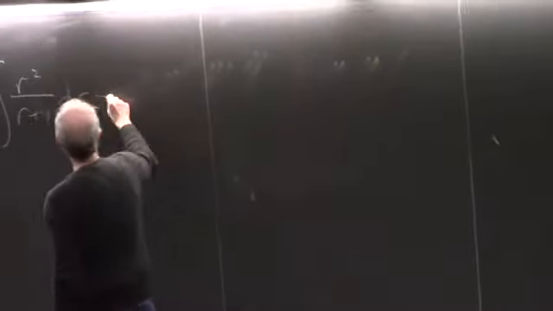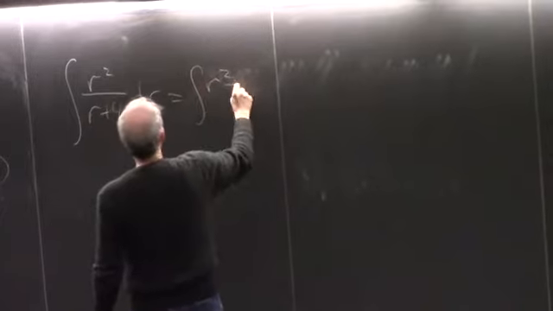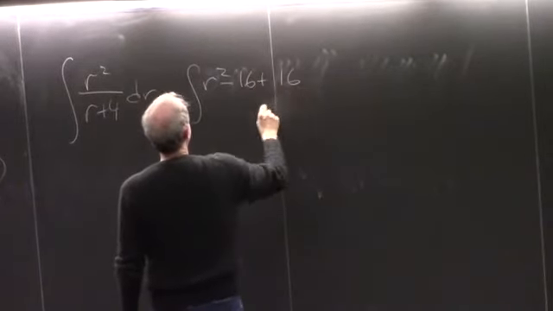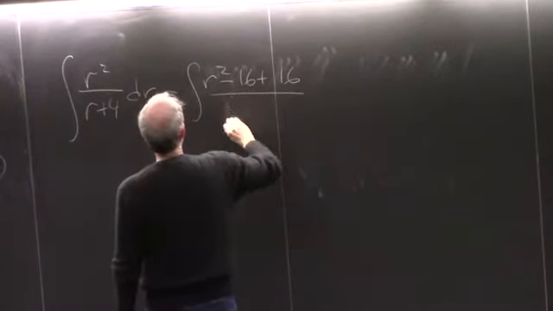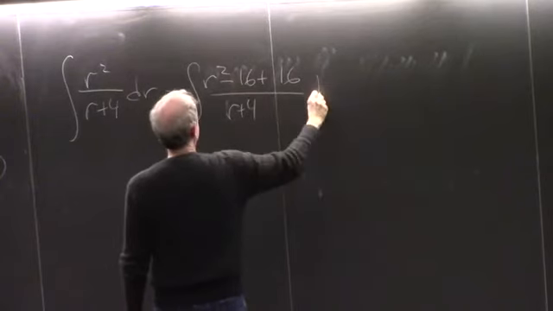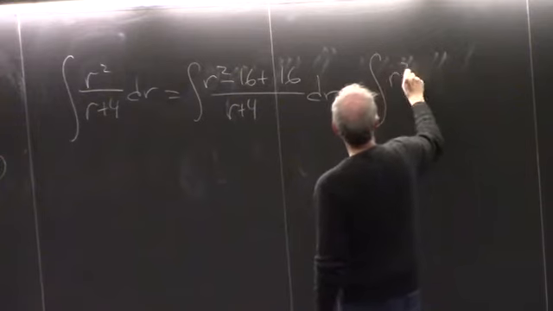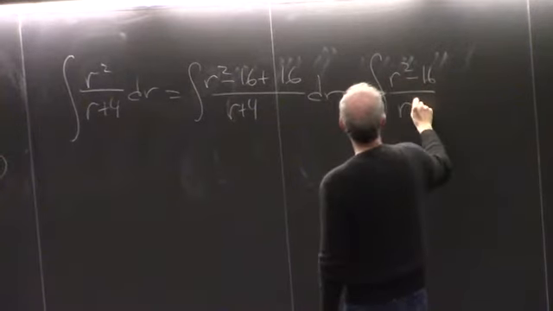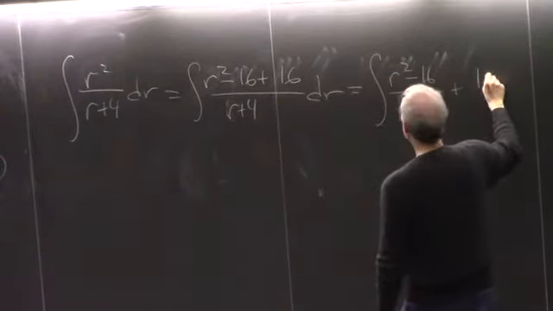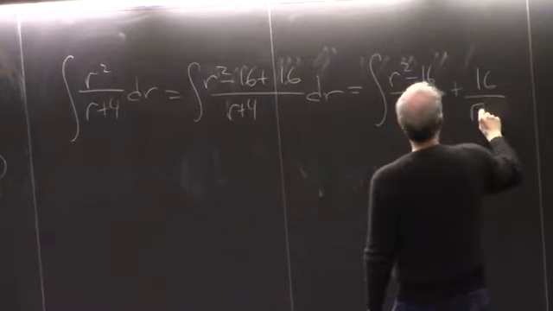So you take the numerator, and you subtract 16, and you add 16. And you go, why would I do that? Well, you'll see. You could break that into r squared minus 16 over r plus 4 plus 16 over r plus 4.